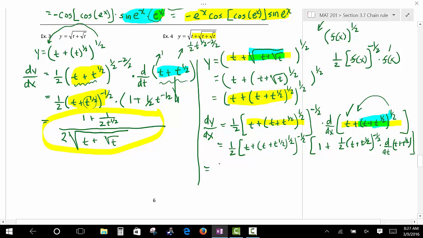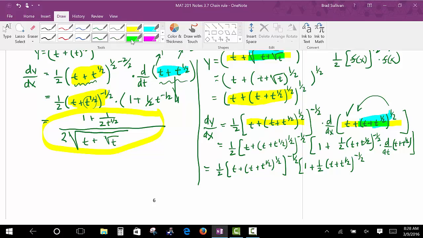So I'm going to just rewrite things. So this is 1/2 times t plus t plus t to the 1/2, all to the 1/2, to the negative 1/2, times 1 plus, this is left alone, so 1/2 t plus t to the 1/2 to the negative 1/2. Now we need to do this one last derivative and then we'll just quit.